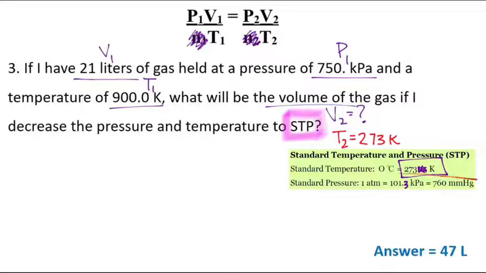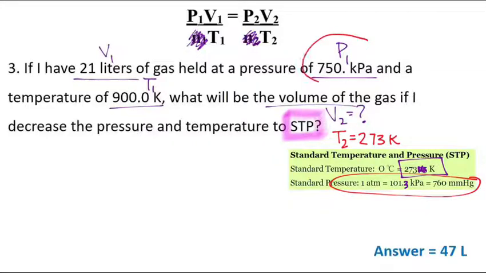And then our standard pressure is also going to be our P2, but we have to choose one of these, and it's not as easy as choosing between Celsius and Kelvin, where obviously we'll just always choose Kelvin. Here, the way we choose between these numbers is by making sure, like we said from the beginning, our units for our pressure and volume have to match.